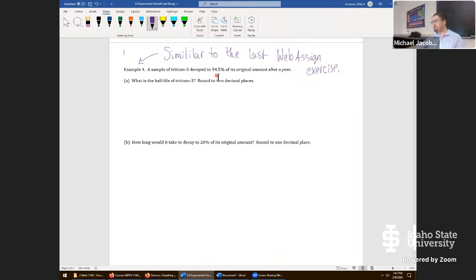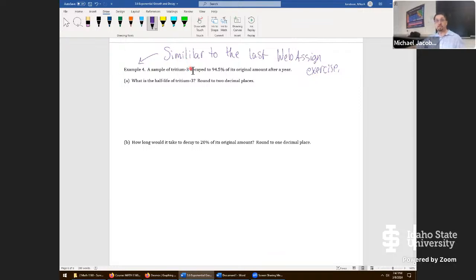We know it decayed to 94.5% of its original amount after a year. So you can imagine that this is something that scientists had to do back in the day when they're looking at brand new isotopes, when they're looking at new elements. If they come up with something new in the periodic table, something crazy over there, they have to verify these kinds of things.